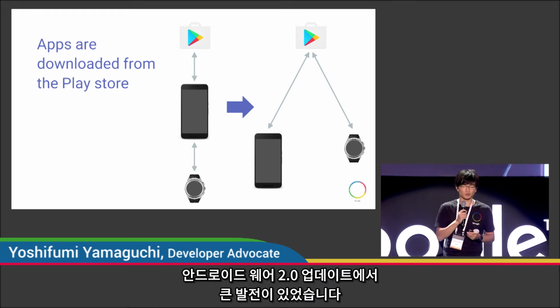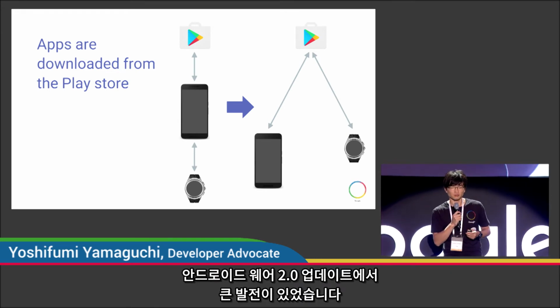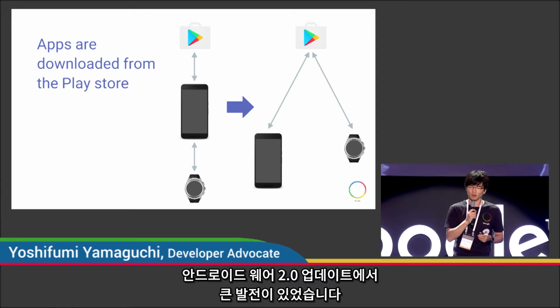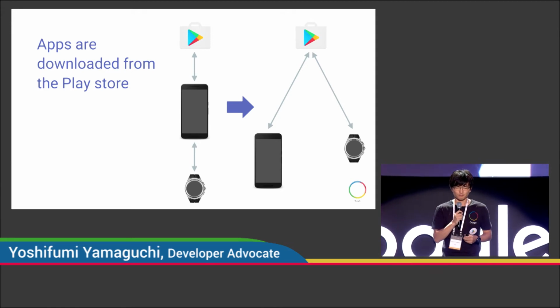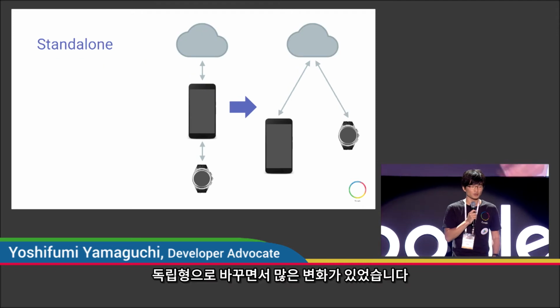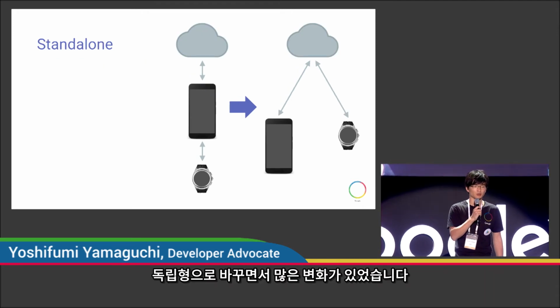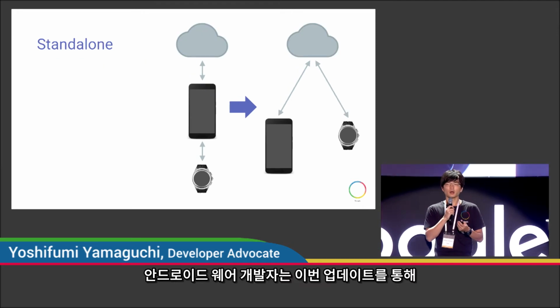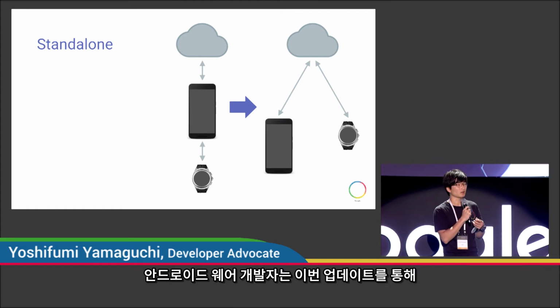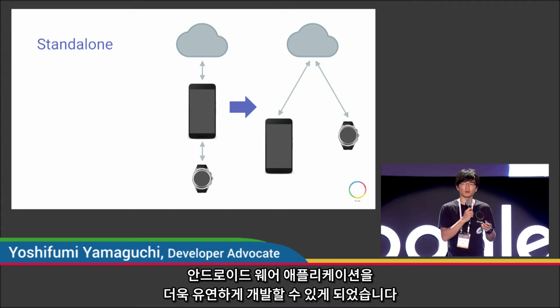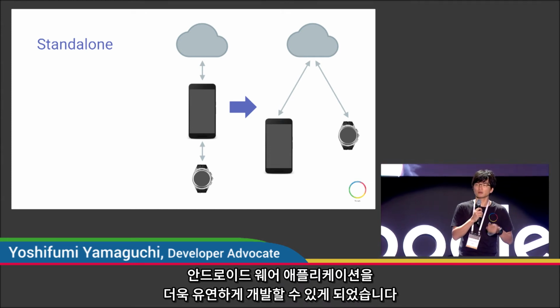So this is a huge improvement in the Android Wear 2.0 update. Standalone changed a lot. Now Android Wear developers can think more flexibly about the development of Android Wear applications in this update.